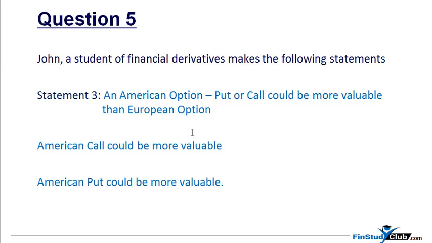if the underlying is going to have certain leakages during the intermediate period, that means before expiry, let's say we are talking about an American call and a European call where the underlying is a stock which is going to pay dividend in the near term, well before the expiry.